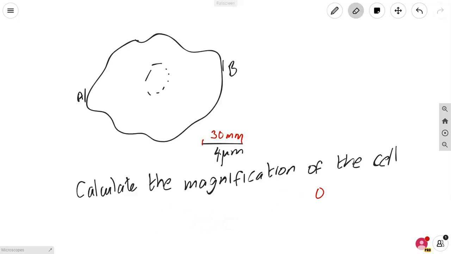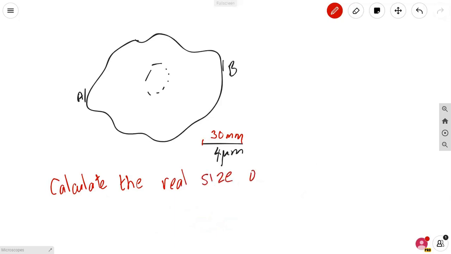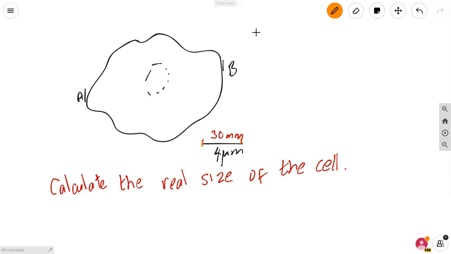Possibility number 2 is actually they want you to calculate the real size of the cell. Now we know that from there to there, in terms of our scale, is 4 micrometers, and we know it's 30 millimeters long. So the first thing we're going to do is measure from there to there. Now again, I'm just going to make up some lengths.